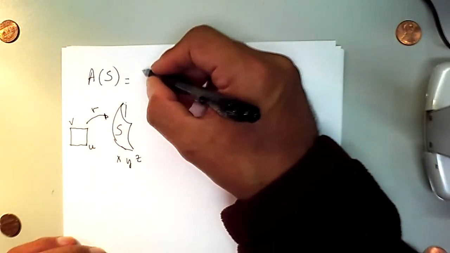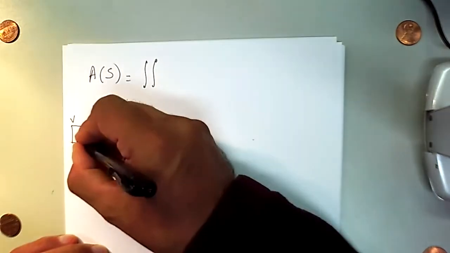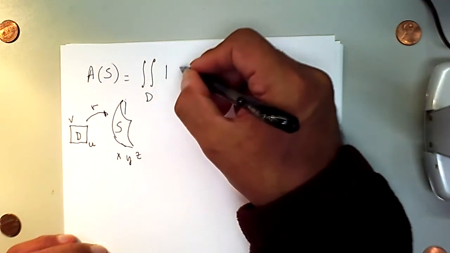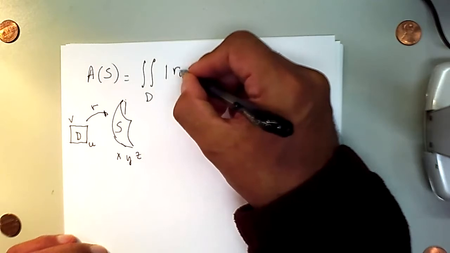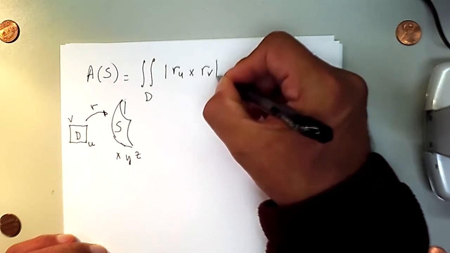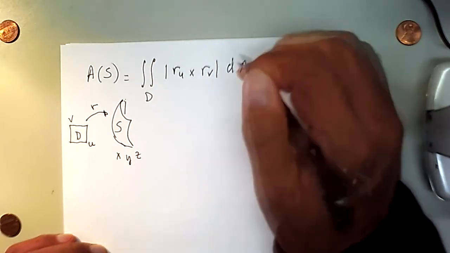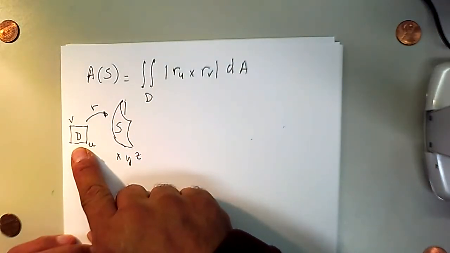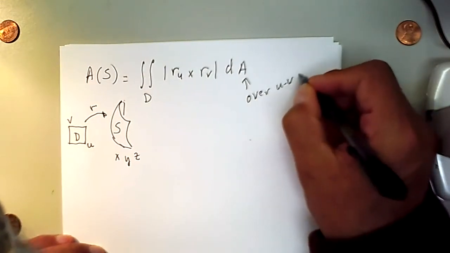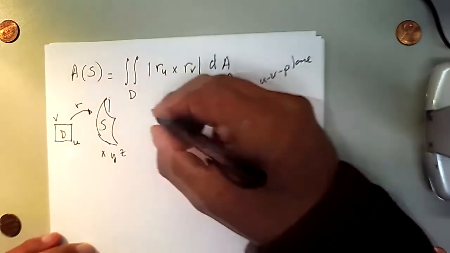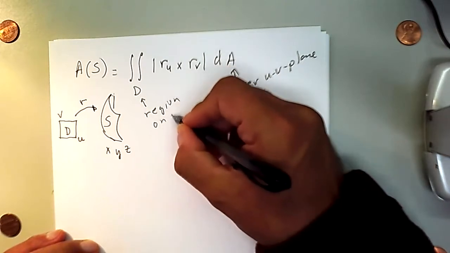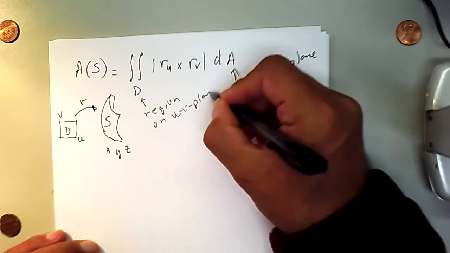So the way we do this is by taking the double integral over this surface, D, of the magnitude of R sub U, so the derivative of R with respect to U, cross product with R sub V, magnitude, dA, where the area is again taken over the UV plane, whichever region on the UV plane.